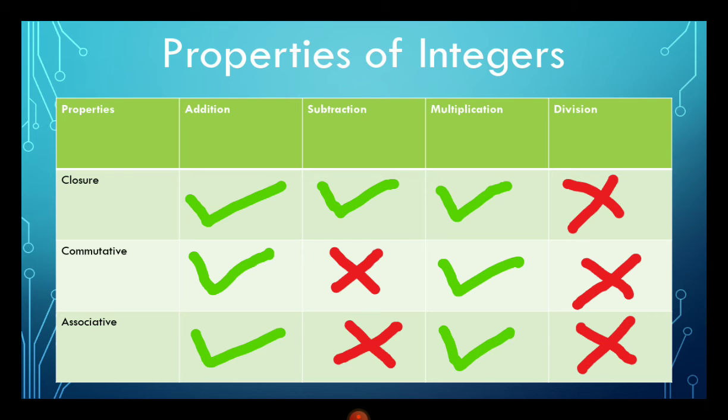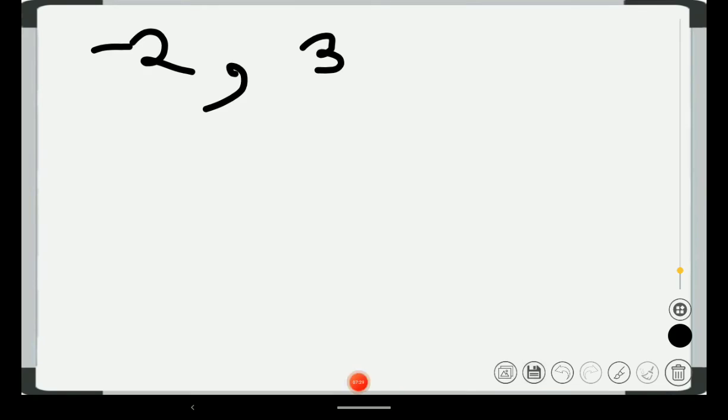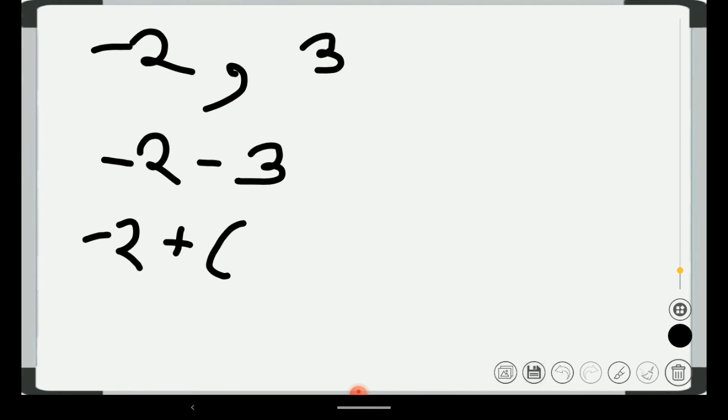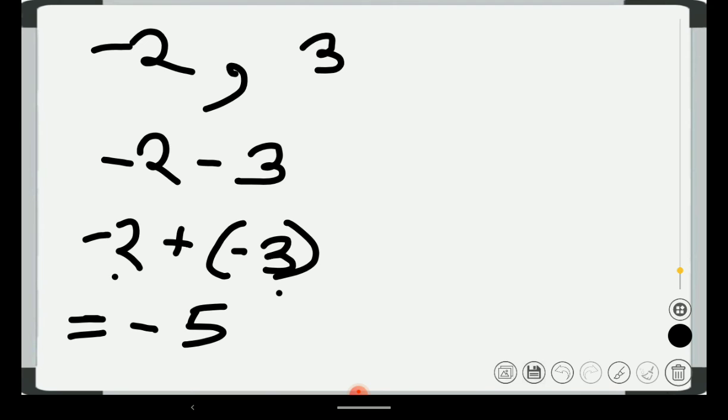Let's see them. Let's take two numbers, minus 2 and minus 3. So minus 2, you need to take the additive inverse by making plus, is equal to minus 2 plus minus 3. And as you know, you need to put the minus in and add it as usual. So 2 plus 3 is 5. So the answer will be minus 5. Now let me reverse the numbers. That is minus 3.